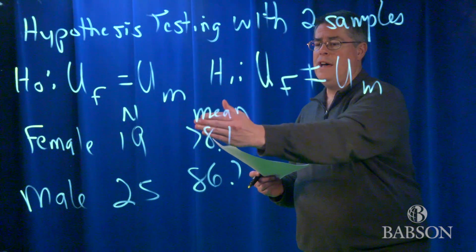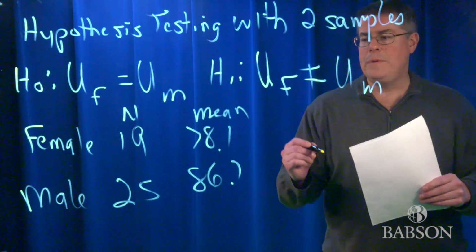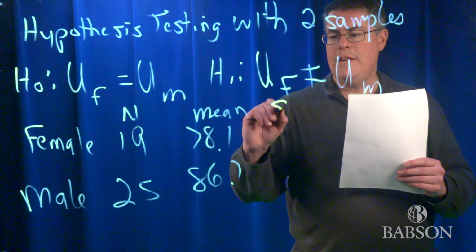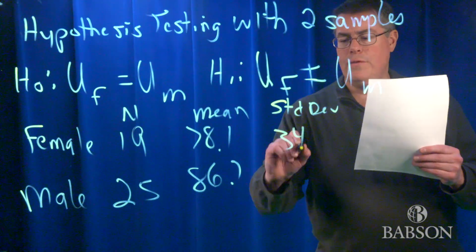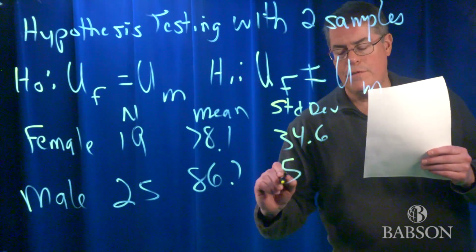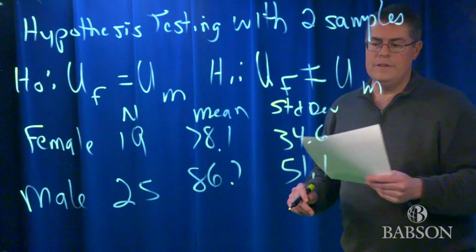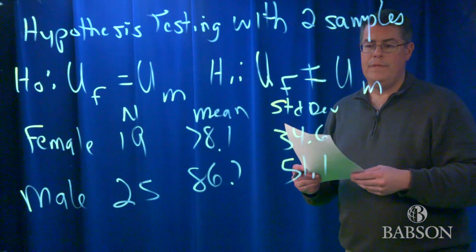So we've got the sample size and the means. The next piece of information we need is the sample standard deviation. And that was 34,600 for the women, and 51,100 for the men.